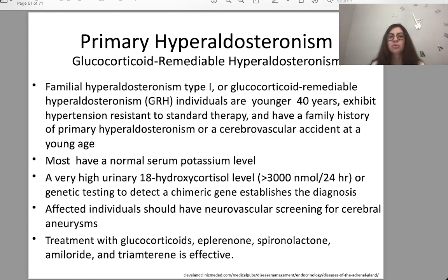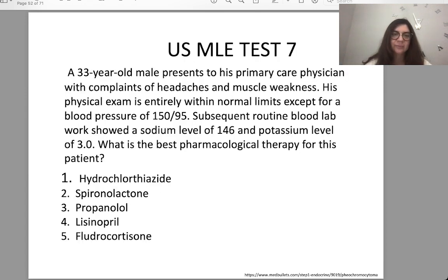A very high urinary 18-hydroxycortisol level, or genetic testing to detect a chimeric gene, establishes the diagnosis. Affected individuals should have neurovascular screening for cerebral aneurysms. Treatment with glucocorticosteroids, eplerenone, spironolactone, amiloride, and triamterene is effective.